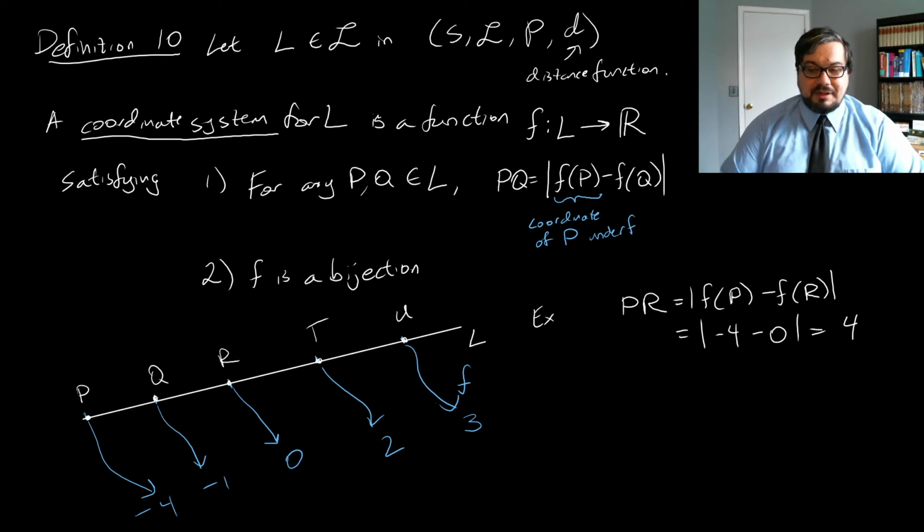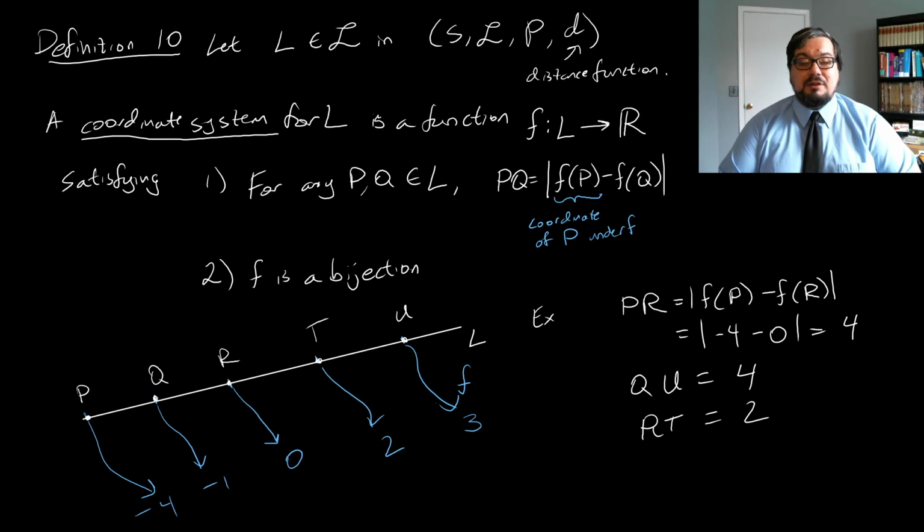And we can do the same thing with the others. If I want the distance from q to u, well, I notice that the coordinate of q is -1, the coordinate of u is 3, and the absolute value of the difference between them is also 4. The distance from r to t is equal to 2, because that's the absolute value of the difference of their coordinates, and so on and so forth.